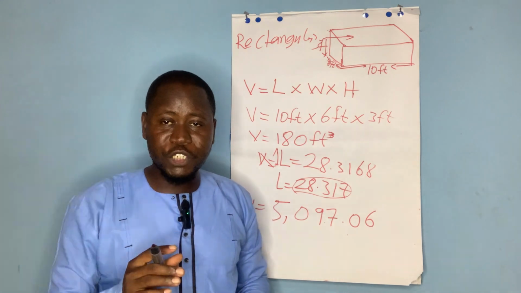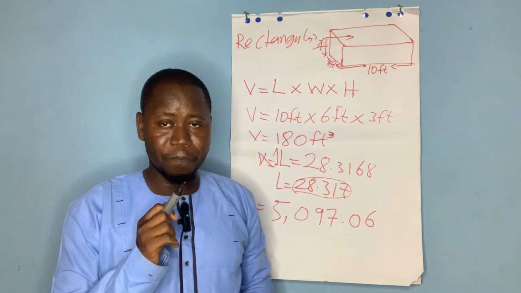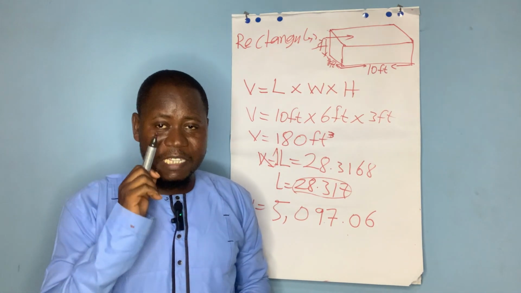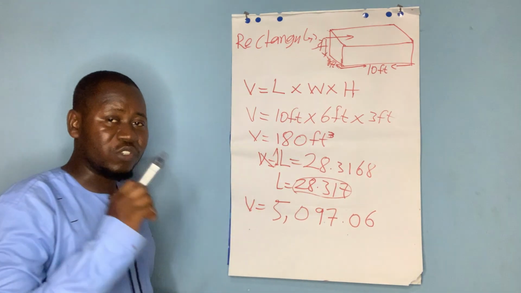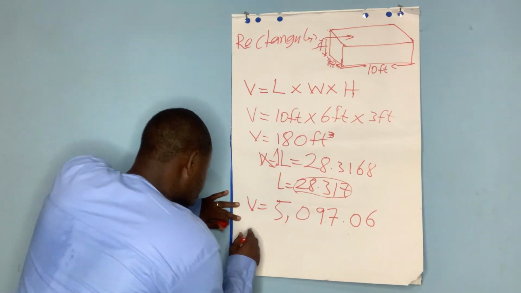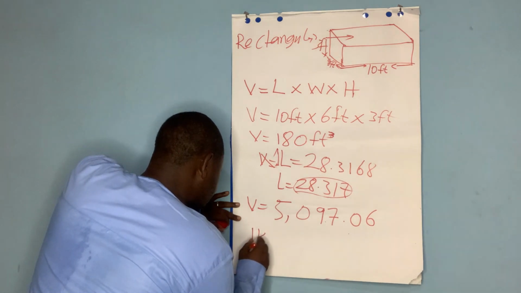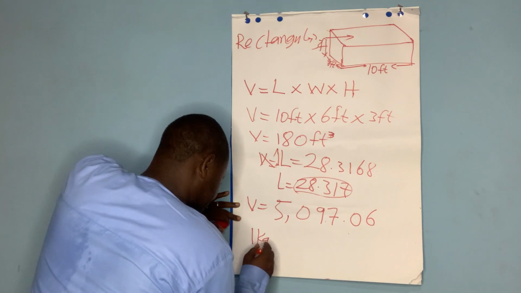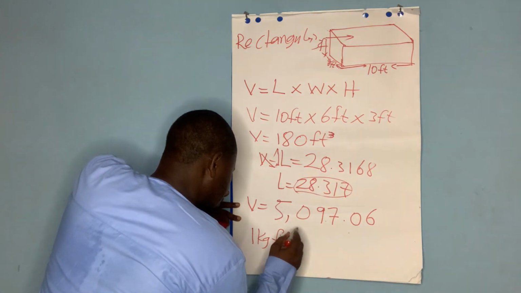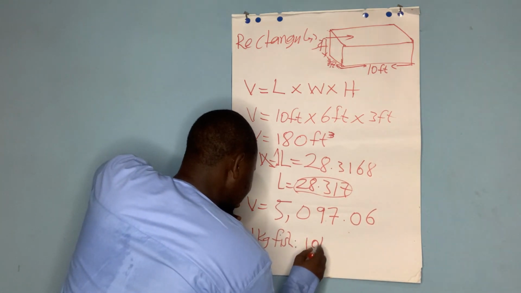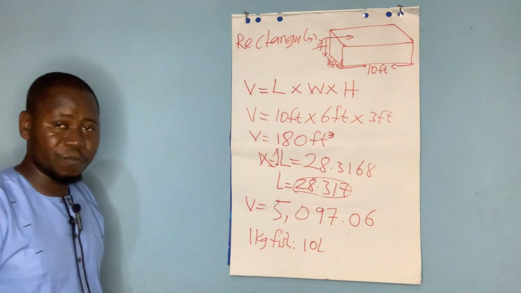If you are raising the fish to 1 kilogram, take note of this. If you are raising the fish to 1 kilogram body weight, then we say 1 kg of fish is to 10 liters of water.